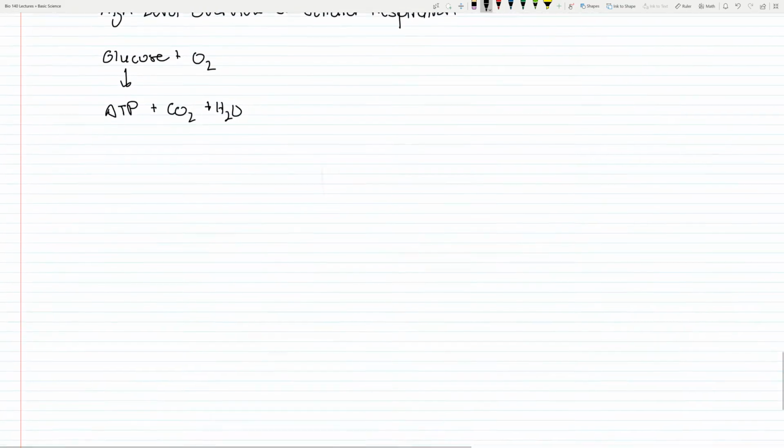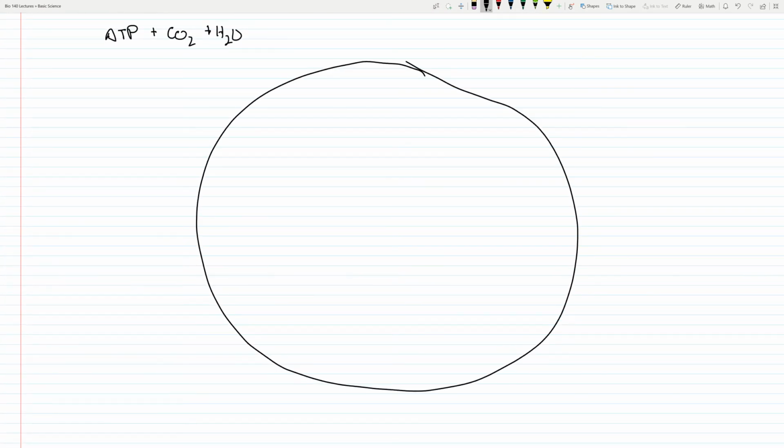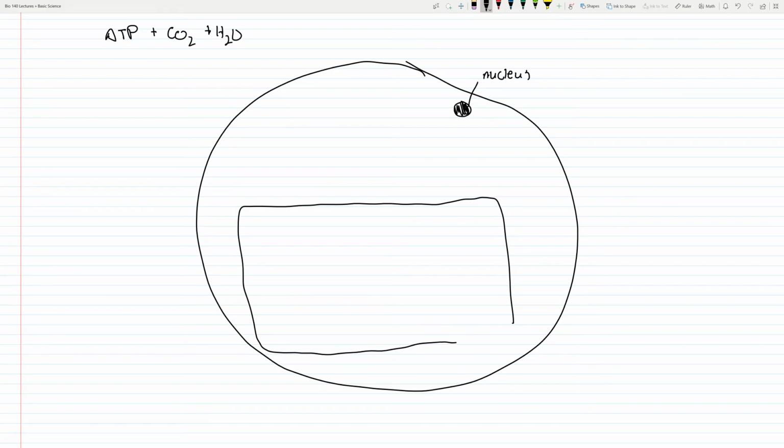So let's take a big picture of our cell. We're just going to have a big old cell right here, a weird cell. So here's going to be our nucleus, just so we have perspective. And I'm going to make a very large mitochondria.